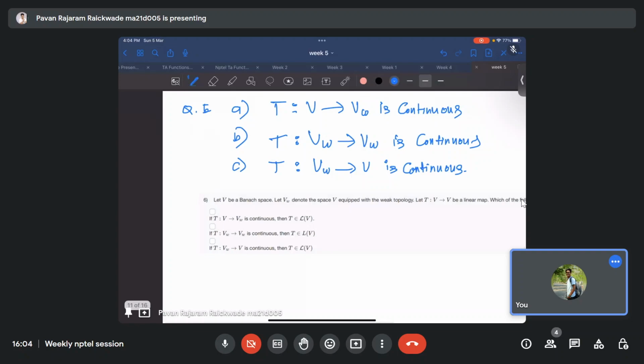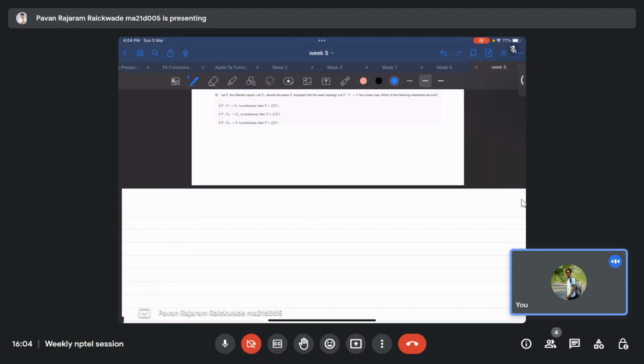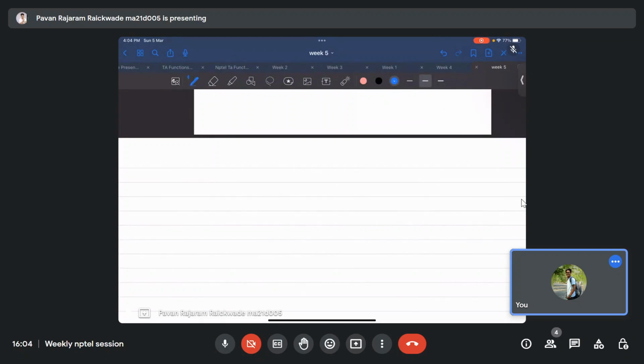Okay. There is a result which will be used nicely here. I'll state that. This result is for any general vector space.